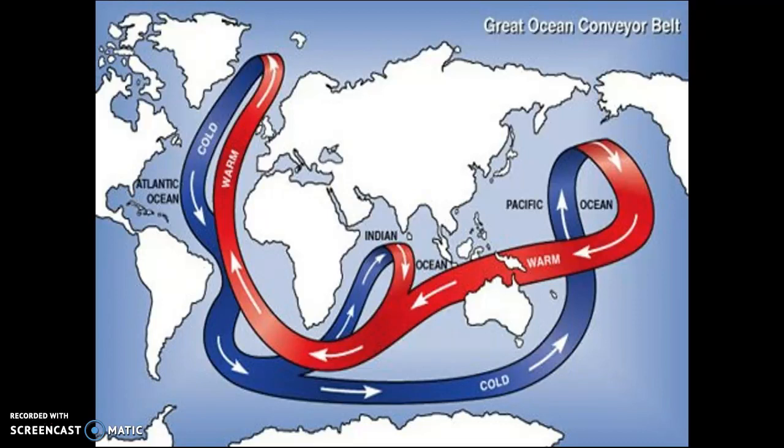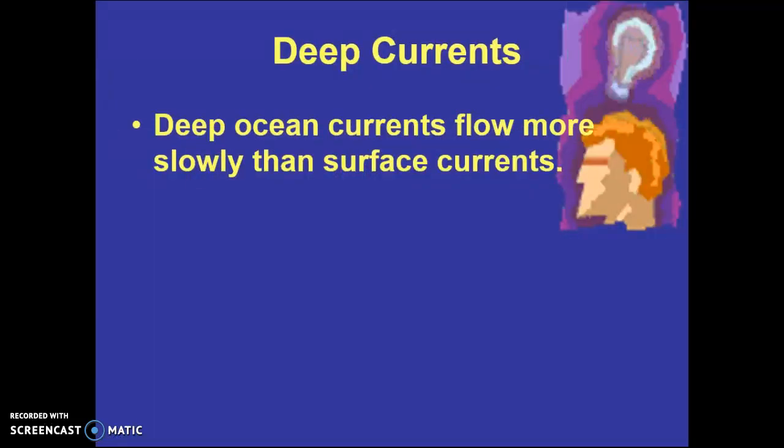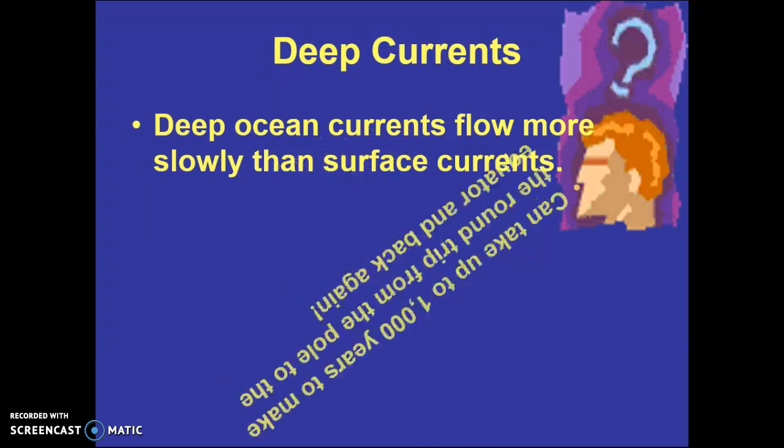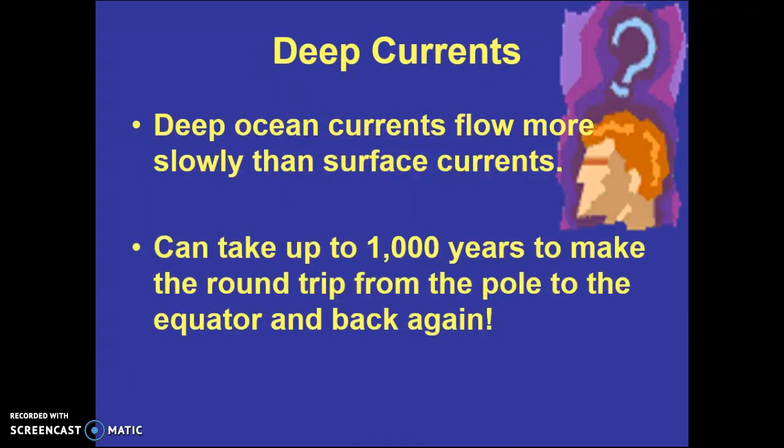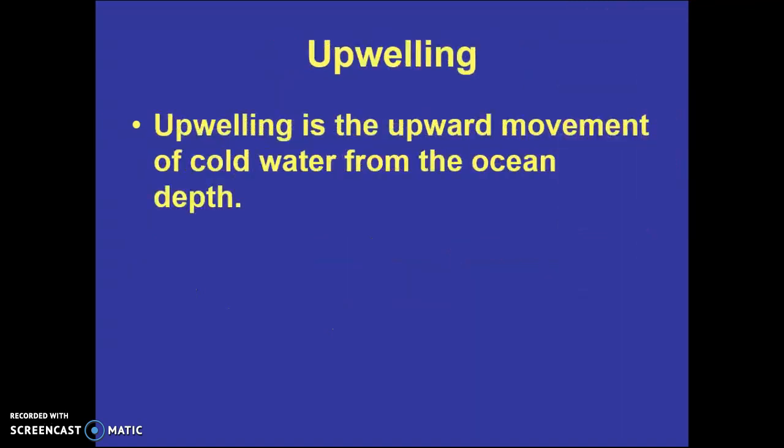They don't become surface currents, but they do travel a little closer to the surface than the cold water current. I think I mentioned a few minutes ago, deep ocean currents flow more slowly than surface currents. Surface currents flow pretty quickly, but deep water currents can take up to 1,000 years to make that round trip from the pole to the equator and then back again.